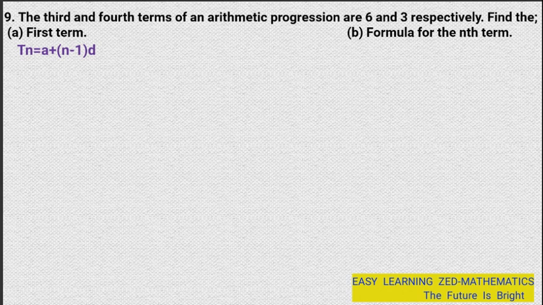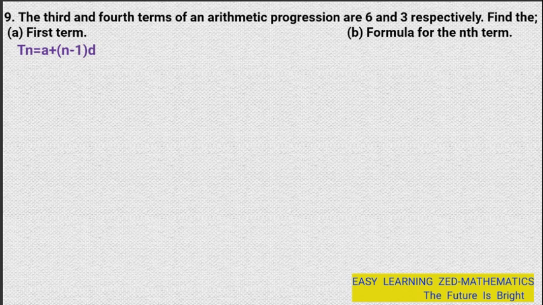It's saying in that order, so third comes first before fourth. That means third picks the first number mentioned, which is 6, and 3 will be on the fourth position. So I'm going to replace the variables in the formula with the values that are given.